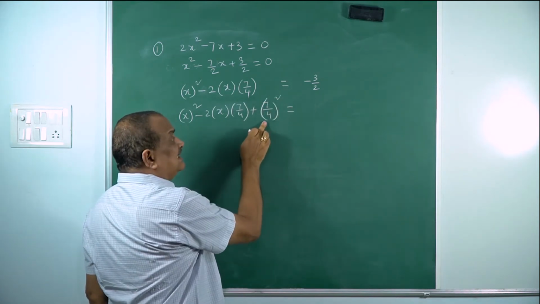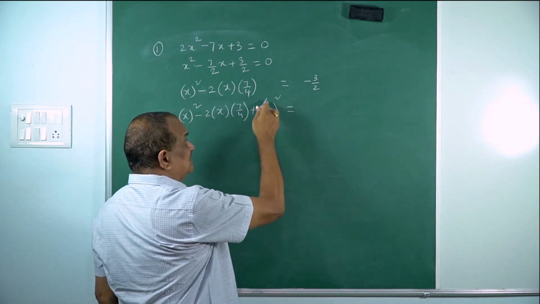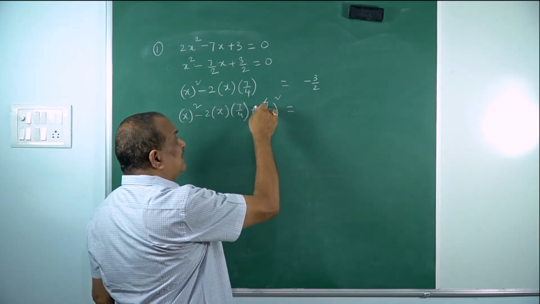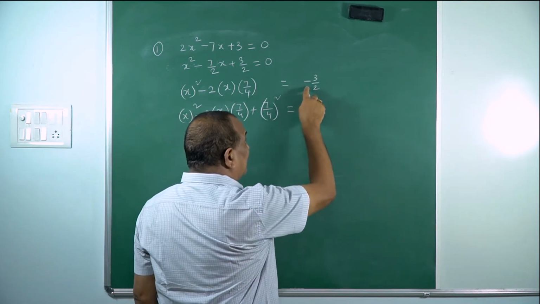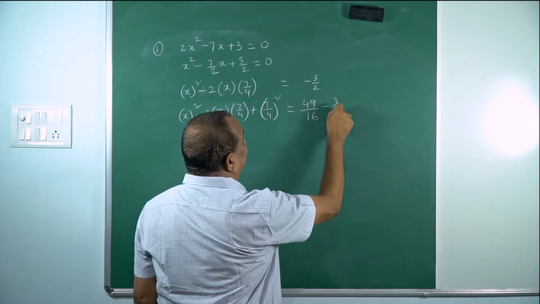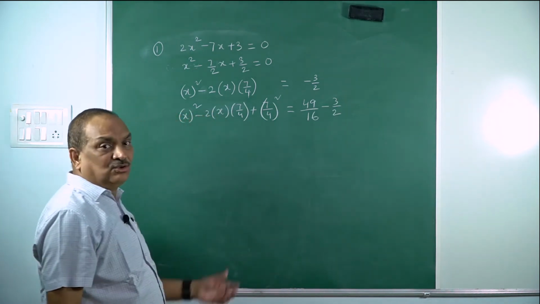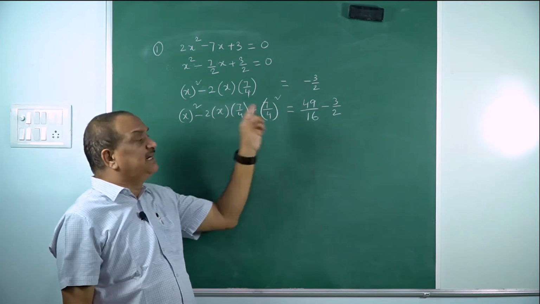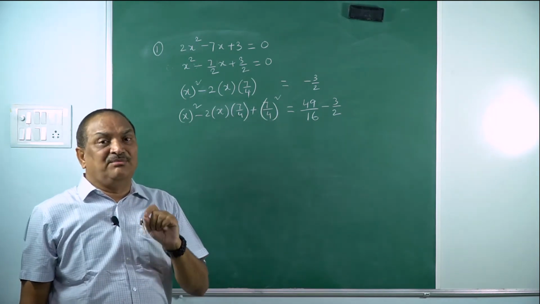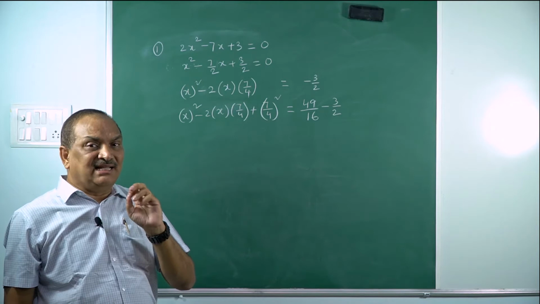I can't write only this side, I must write that side also. This 7 by 4 whole square is 49 by 16. You have minus 3 by 2, remember that, don't forget. So this is what we have written extra to make this a complete square. That is what we mean by the method of completing the square.